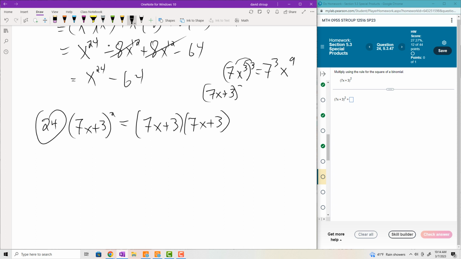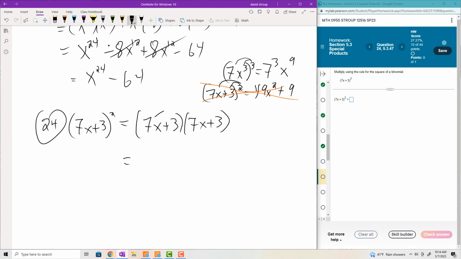So you cannot say, well, that's going to be 49x squared plus 3 squared, which is 9. This is definitely wrong. Okay, this is bad. And you can see that when we multiply it out.